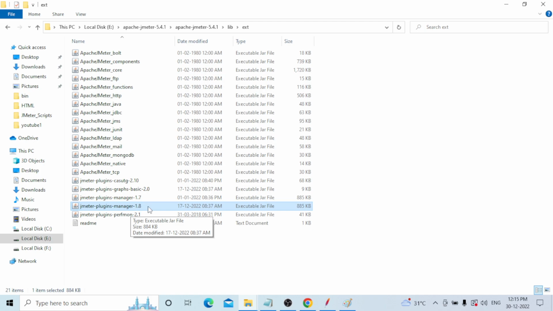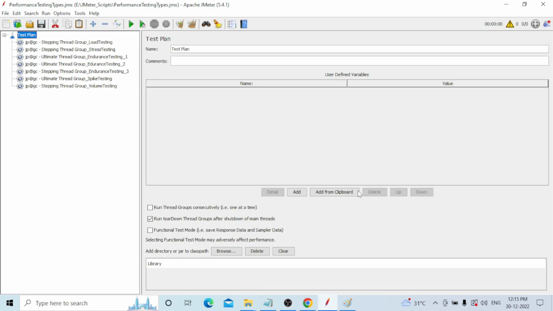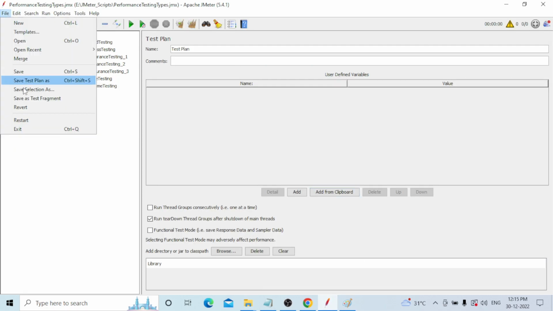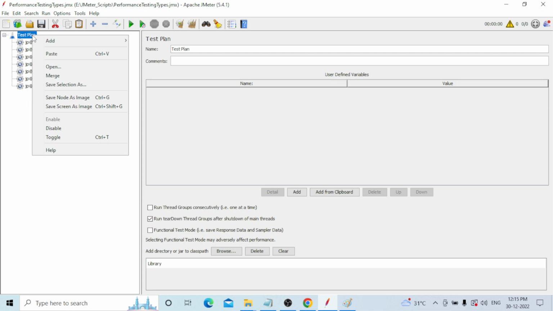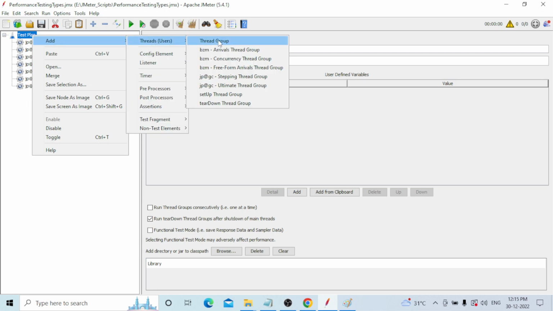Once you paste it, go to JMeter, save the file and restart it. Once the restart is completed, come back to the same test plan, right click, add thread, and thread group. You have the stepping thread group and the ultimate thread group, both available.